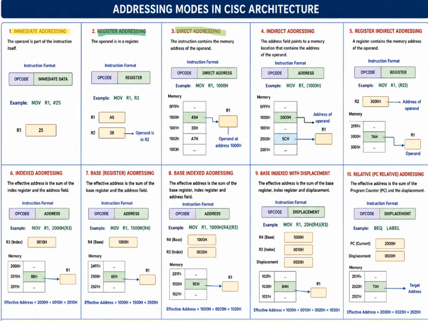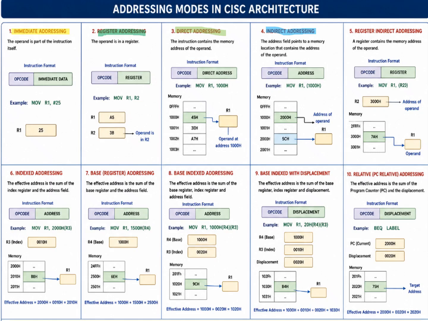The next one is indirect addressing. In indirect addressing, the address field points to a memory location that contains the address of the operand. So the instruction format is opcode and address.